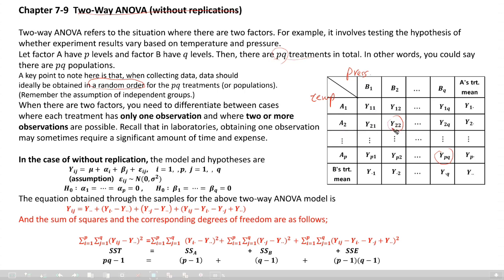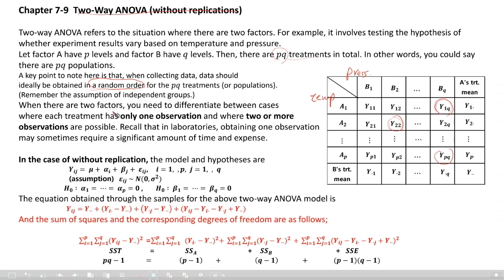Random order means you may get the observation at A2 temperature and B2 first here, and then here A1 temperature, BQ pressure, you will get some observation. That is a random order, I mean. Remember the assumption of independent groups.